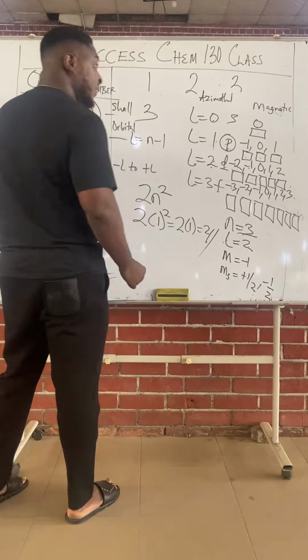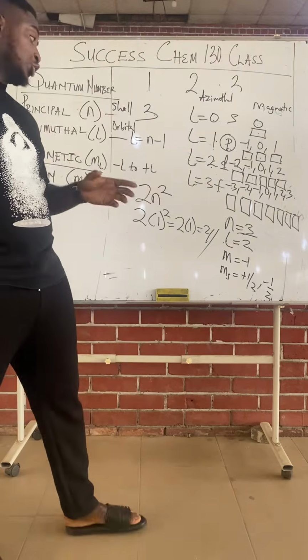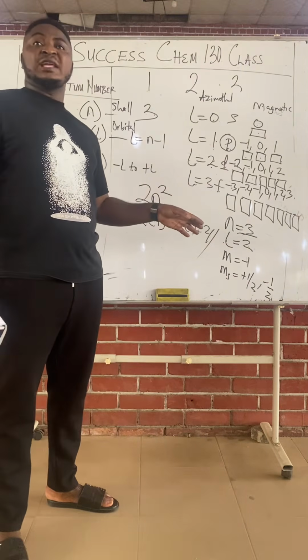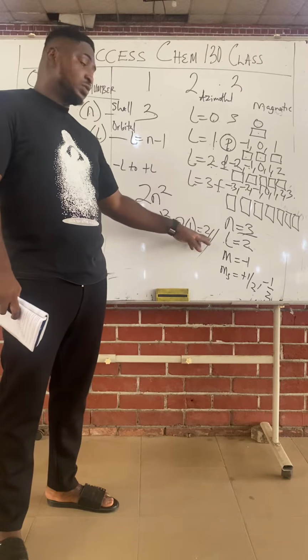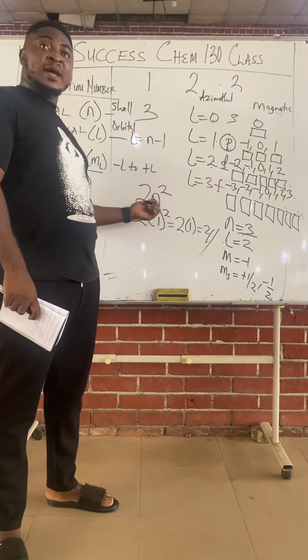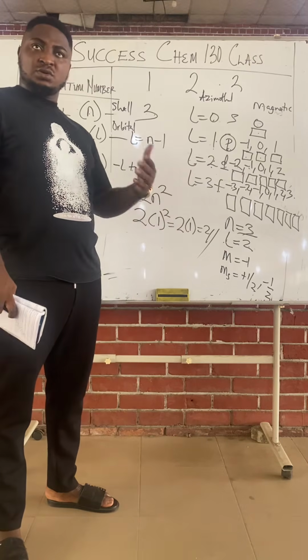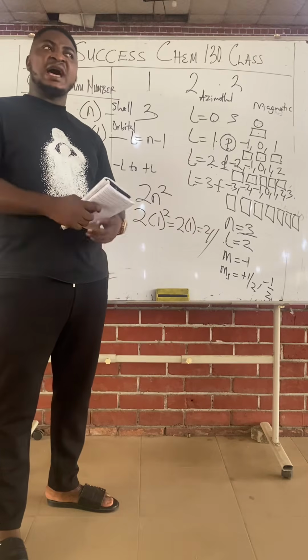So the maximum number of electrons, when the principal quantum number alone is given as 1, is 2. When n is 2, you say 2 into bracket 2 squared, and you get another answer. When n is 3, you get another.